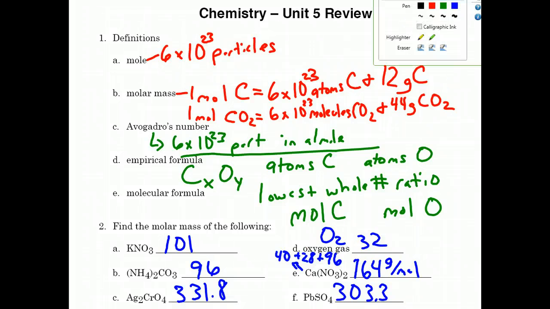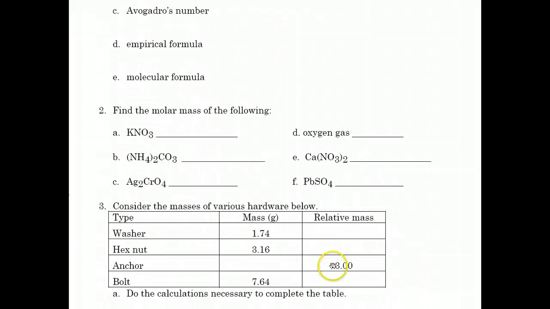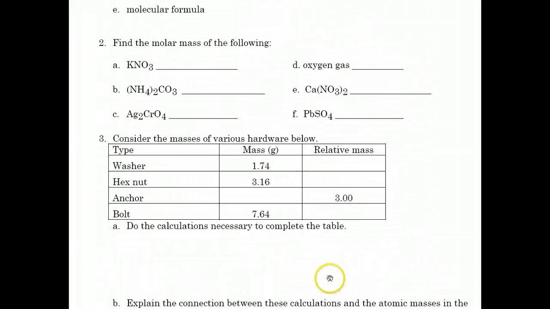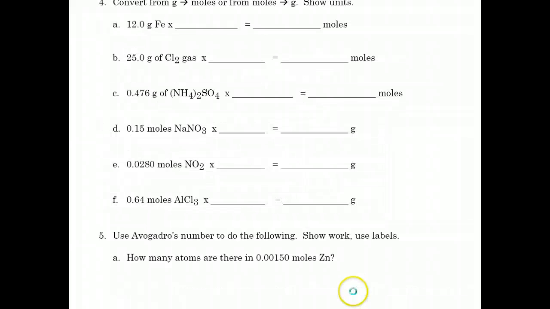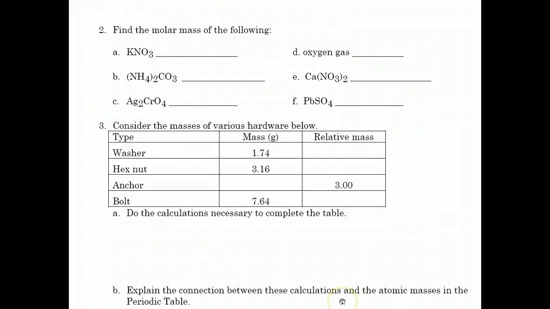Okay, let's try some of the later ones here. All right, this question number 3 relates directly to what we were just talking about. Consider the masses of various hardware below. So we have a washer, a hex nut, an anchor, and a bolt. The mass of the washer is 1.74, and the anchor is relatively 3 times heavier than our lightest thing.